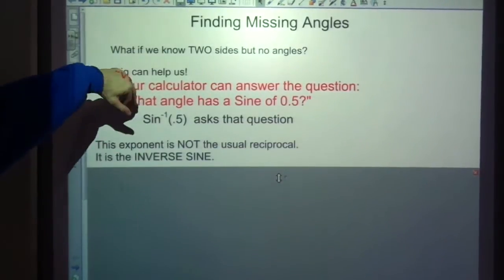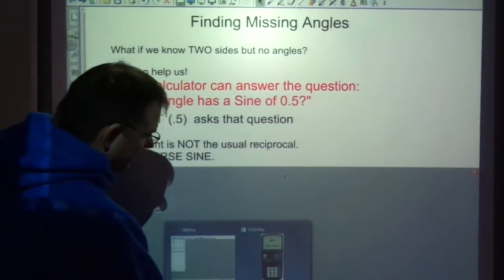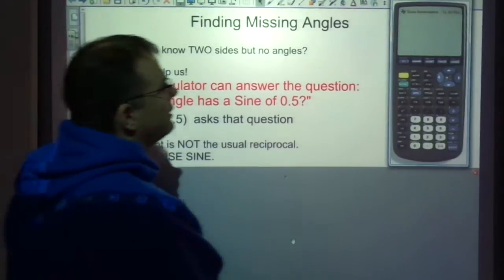Normally with a negative exponent we flip it and put it on the bottom, but not with sine, cosine, tangent. When you see this -1, it just means the inverse. So instead of asking what side lengths would work for an angle, it's asking what is the angle that has a sine of such and such a number.